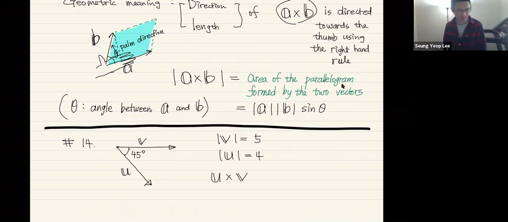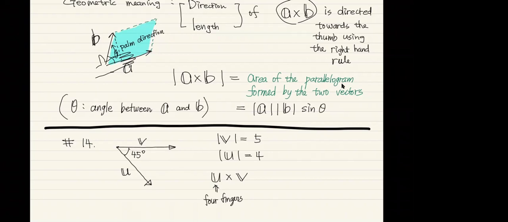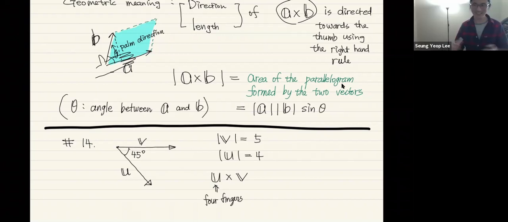So for that, you have to put your four fingers into u, and v has to be towards the palm. So is it going to us? Yeah, that's how I see it. So everybody gets the same result.